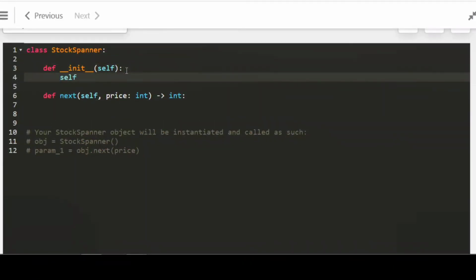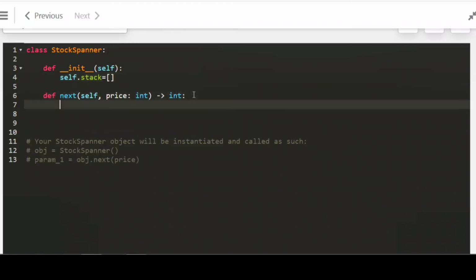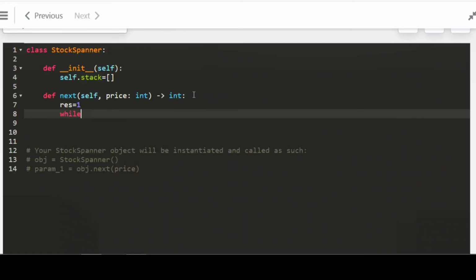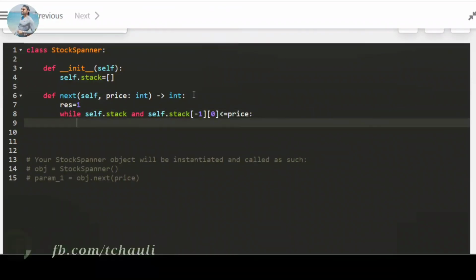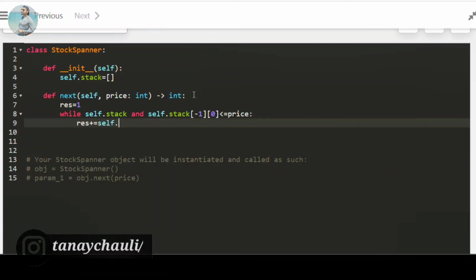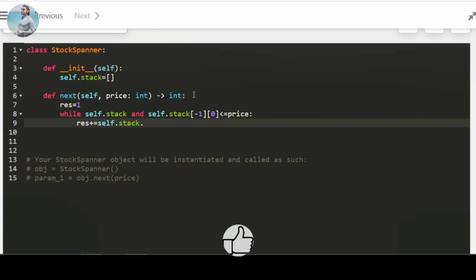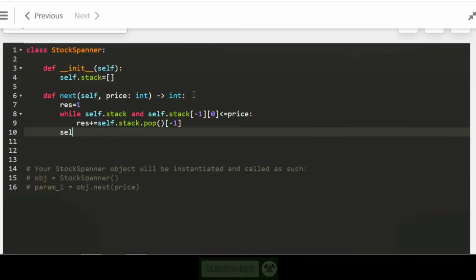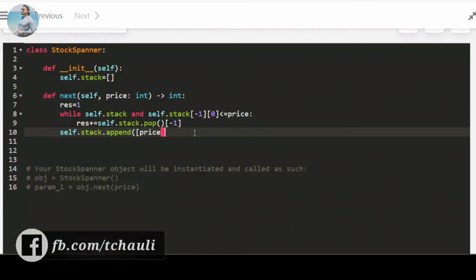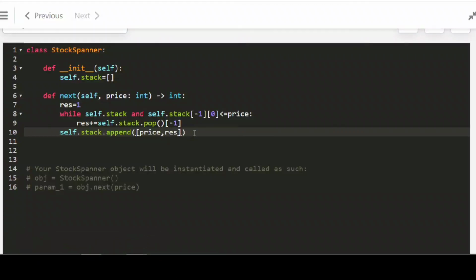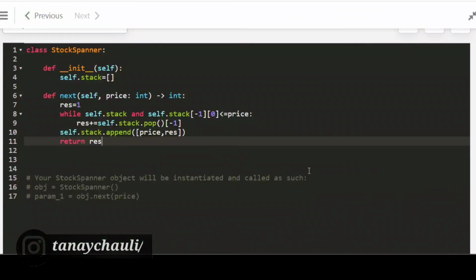First we take an empty stack, and then a variable res, initially assigned 1. Then we take a while loop: while the stack is not empty and the stack top price is less than or equal to the current price, we pop this element from the stack and add its count to the result. When the while loop condition is not satisfied, we push the price and res pair into the stack, and at the end we return the result.